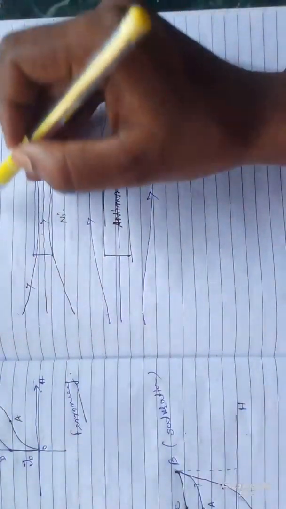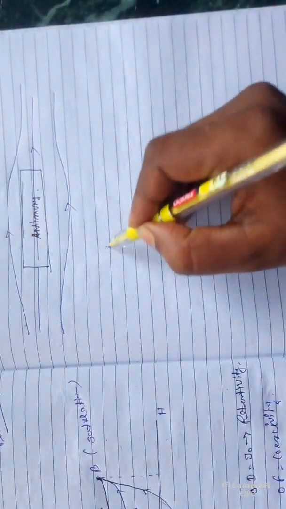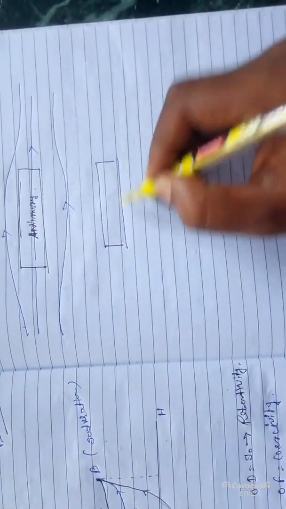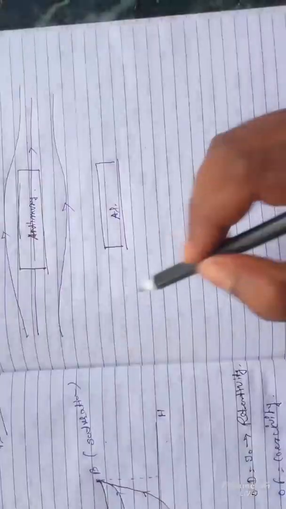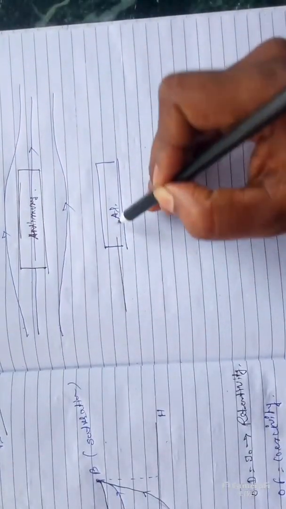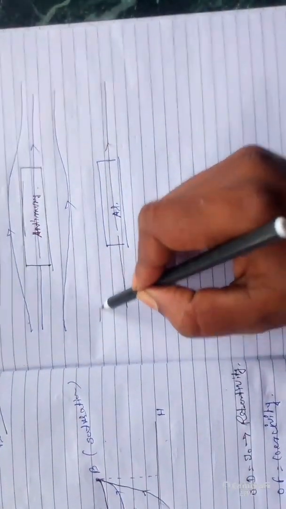And the third one is aluminium. Aluminium is a paramagnetic substance. So when we place a paramagnetic substance in a uniform magnetic field, it will attract the magnetic field towards it, but not strongly. It is weak attraction.